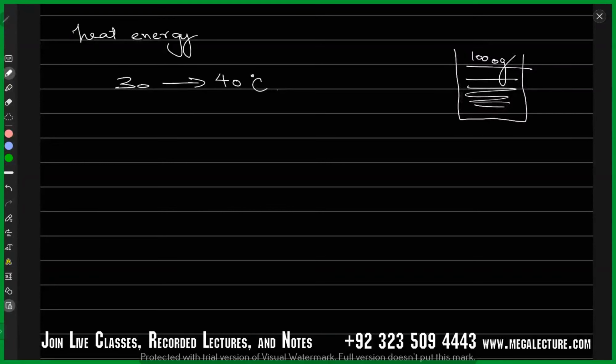We can rearrange the formula. Right. C is equal to Q divided by delta T. Right. So we have C, but the thing is, which C will I use over here? 4,200.